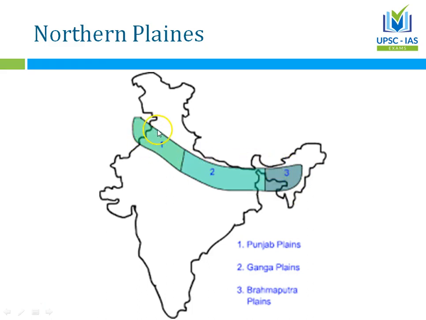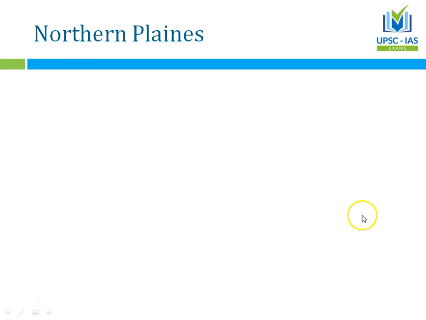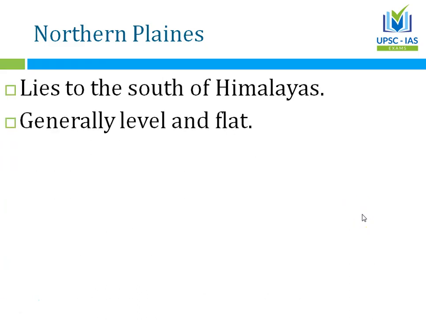This first part, Punjab plains, is also known as Indus plains, right? Because this part is formed because of the Indus river system. The second part, of course, goes with the name Ganga Plains, so it is easy to understand, and the third part, which is predominantly part of Assam, is known as Brahmaputra Plains, right? It lies to the south of Himalayas.